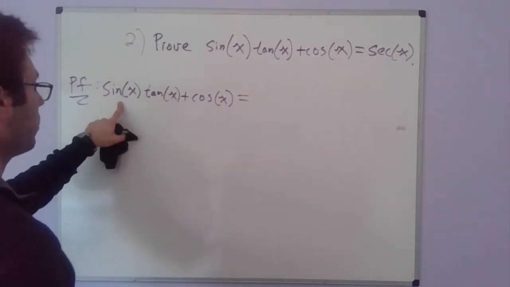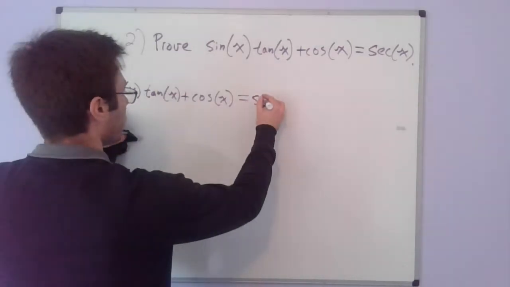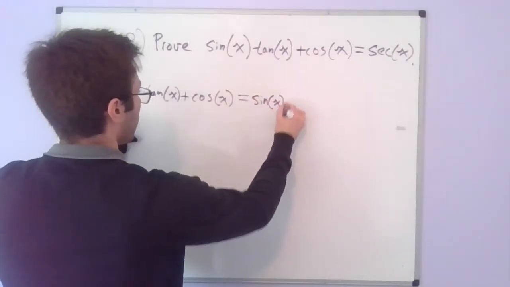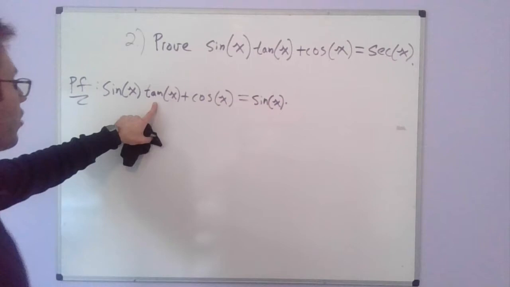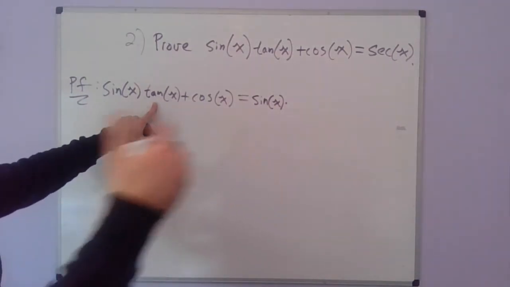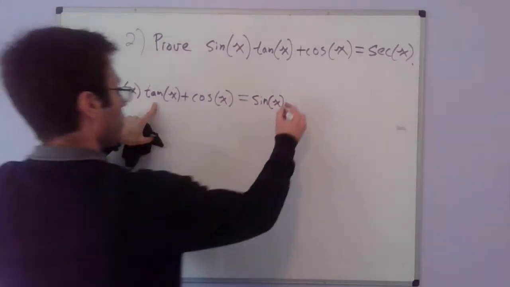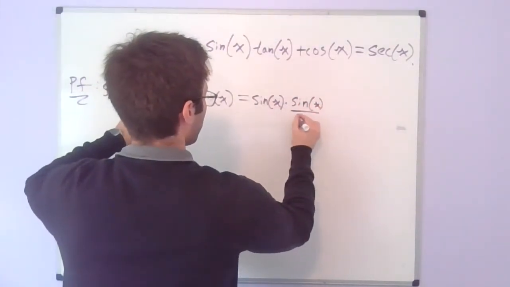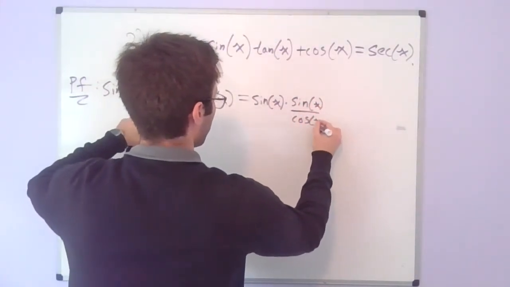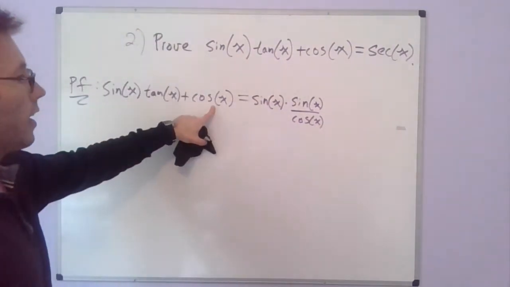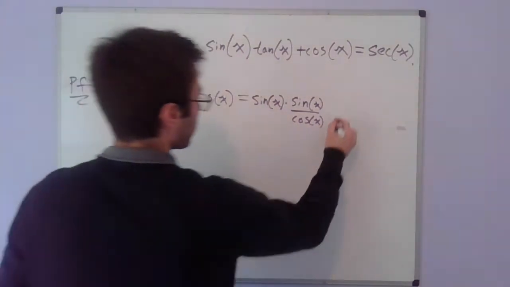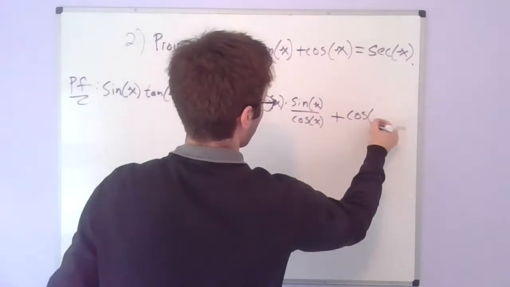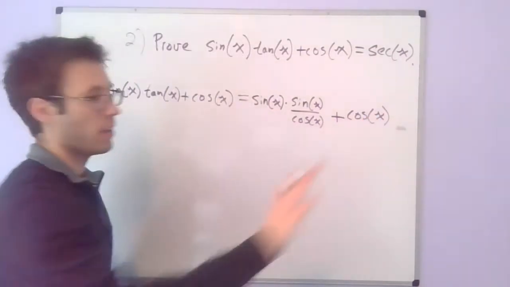Well, that's sine, so that can stay. Tangent x is sine of x over cosine x. So let's write it like this. Cosine x, well, that's just cosine x. So step one is done.